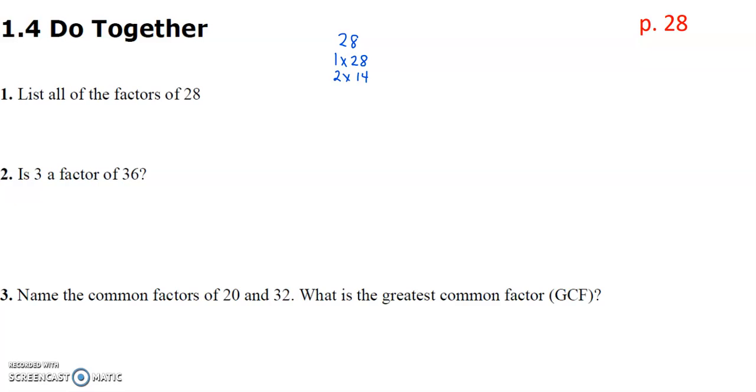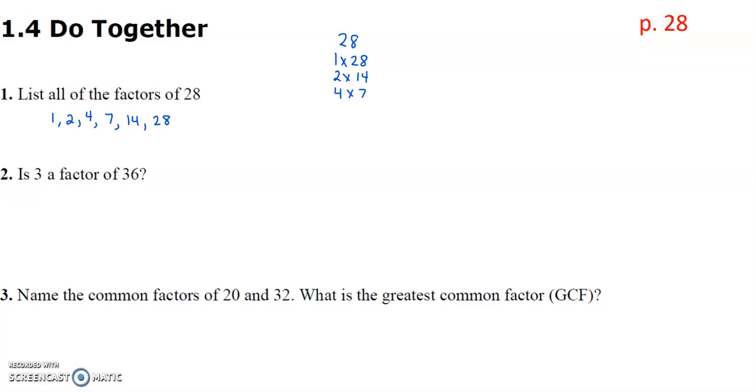We don't. Do we have a 4? Yep, we do. 4 times 7. Do we have a 5? We don't. Do we have a 6? We don't. We do have a 7. We're done. So we've got them. 1, 2, 4, 7, 14, and 28 are our factors of 28.